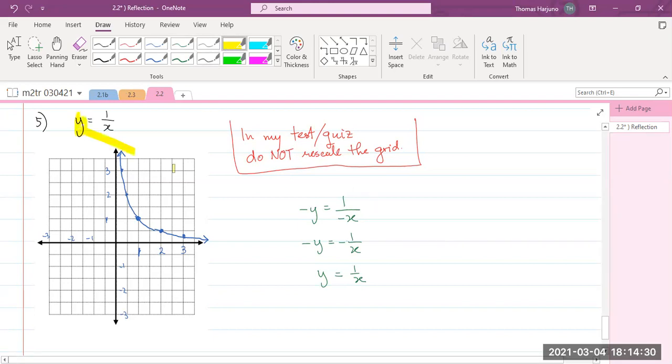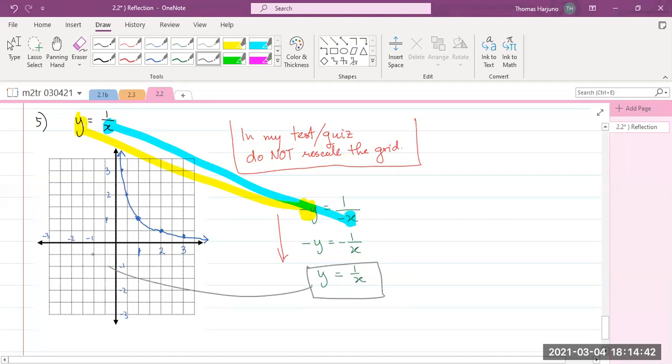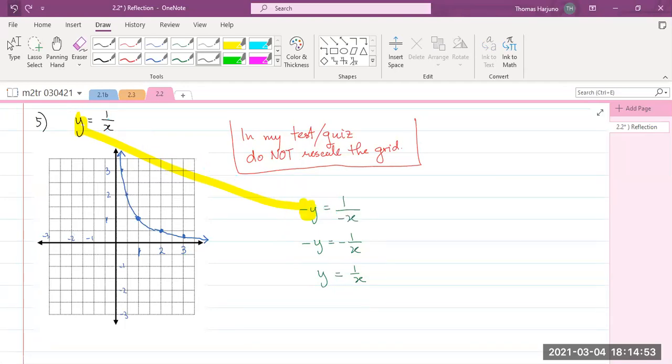The y becomes negative y, the x becomes negative x, and when I simplify, I get exactly the same equation as the original. So it has origin symmetry.